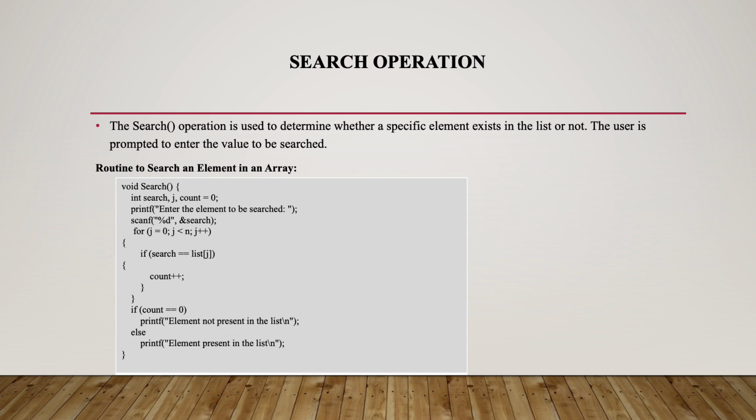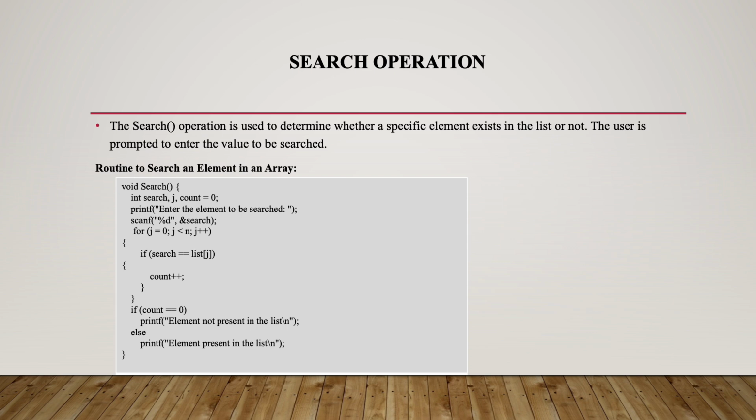The program first asks the user to enter the value they want to find. Once the user provides a value, the program starts looking through the array starting from index 0 and going up to index n minus 1.